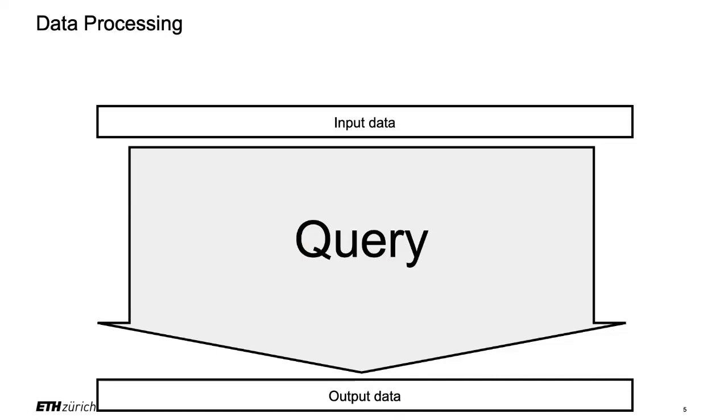And that means that if we look at the structure of queries, what is it on an abstract level? We have some input data, and we want to produce some output data. And in the middle, there's the query that we want to execute. Could be a lot of different queries, could be some aggregation, could be some selection of specific records.